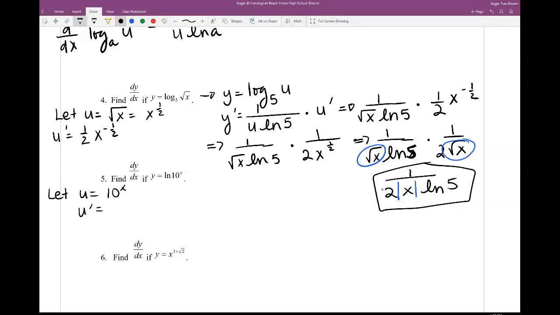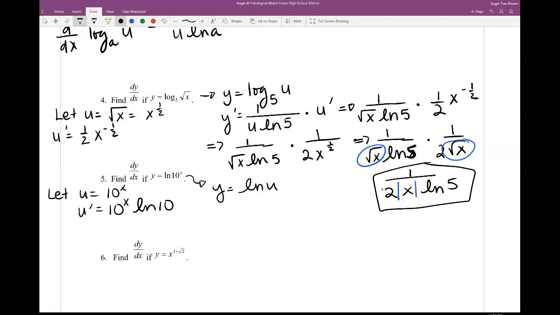Wasn't the rule a to the x times ln of a? So that's what we're going to write. U prime is 10 to the x times ln of what? A, right? Okay, perfect. So that's u prime. Now I'm going to rewrite this as y equals ln of u.